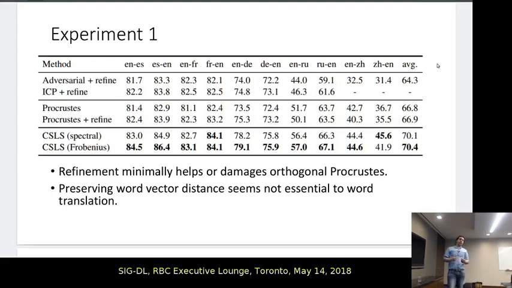And then you have a mapping function, a mapper, that tries to fool the discriminator, that tries to generate embeddings that the discriminator will make a mistake on. So basic GAN approach.